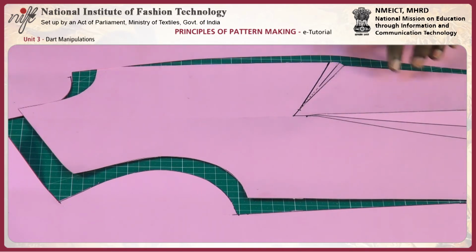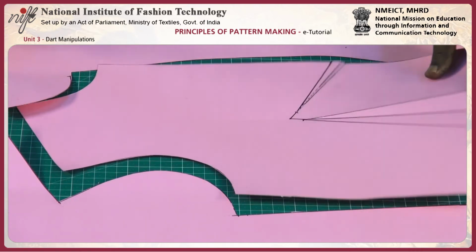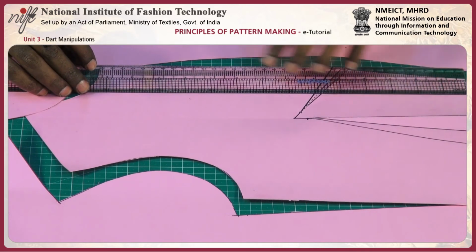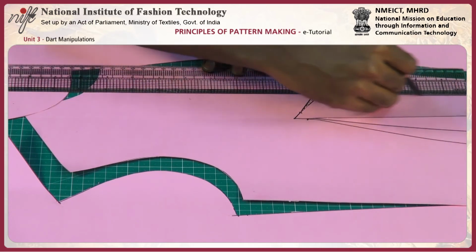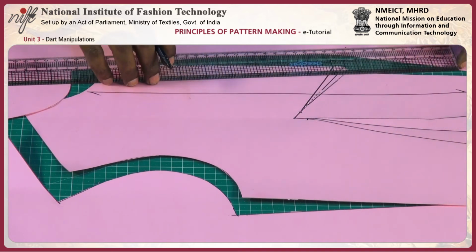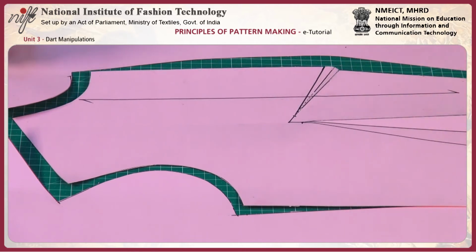Mark center front and draw the grain line parallel to the center front. And complete the pattern by giving the notches, punch and circle and other label information.